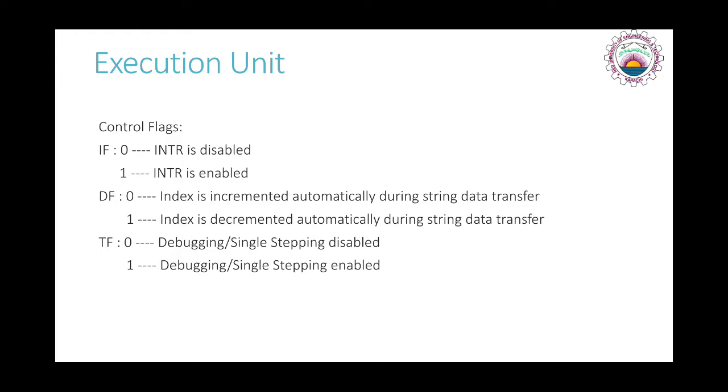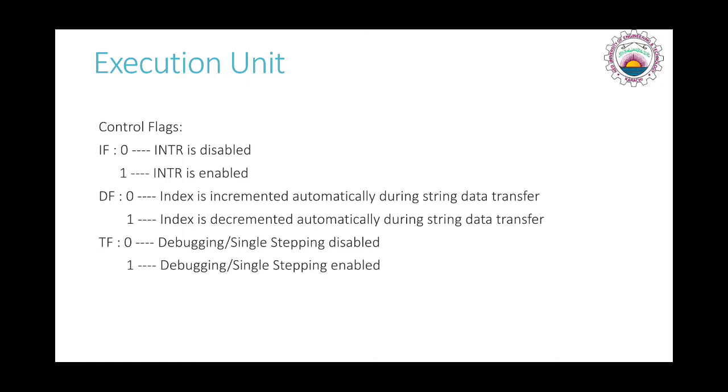Second control flag is direction flag. We have discussed that there are two registers SI and DI, and those registers hold the offset address within data and extra segments during string data transfer instructions.